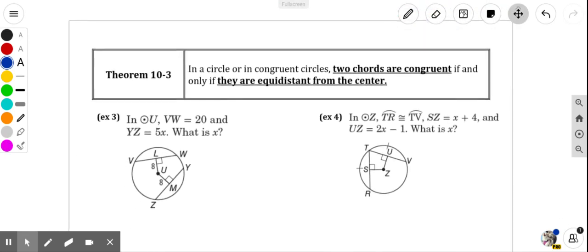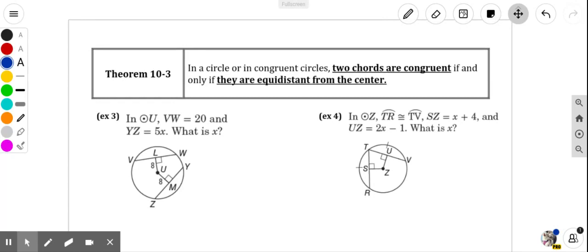We have one more theorem, and it has to do with chords that are equidistant to the center. That just means chords that are the same distance from the center. If you take a look at this example 3, do we see how we have chord VW and chord ZY?